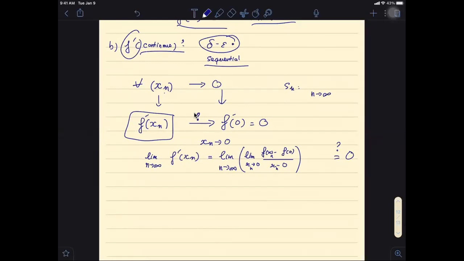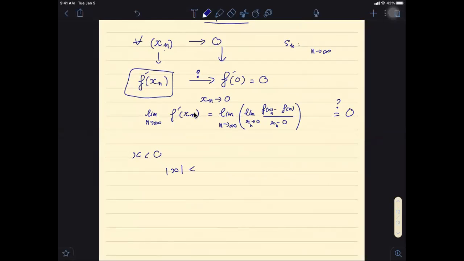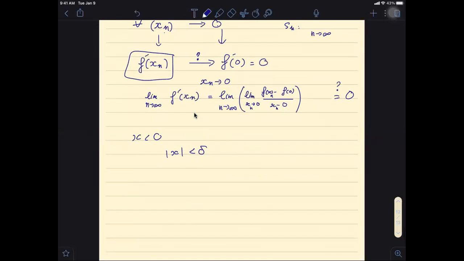So I divided into two cases. One is x less than 0, right? Yeah. x less than delta, right? Because f of 0 equals 0 right here. Then you're gonna have f prime of x minus f prime of 0 less than epsilon.